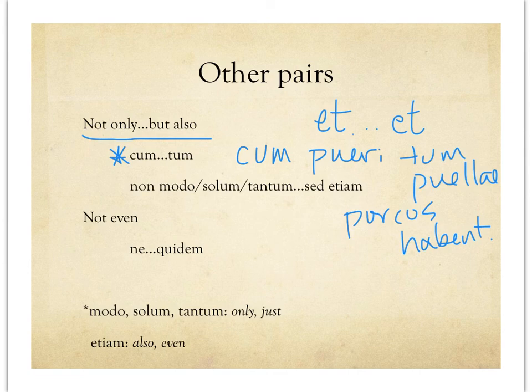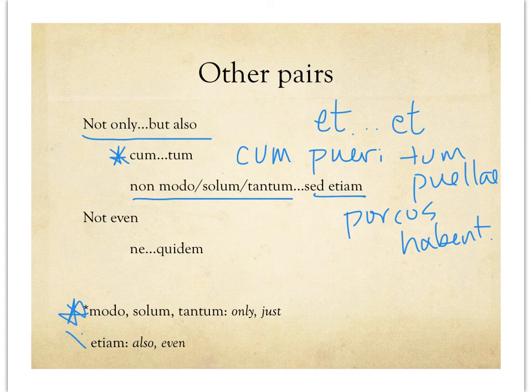We can also express this not only but also idea with this thing, which is honestly a lot more like English. So non, that's the not. Modo, solum, tantum. These are all adverbs that can mean only or just. So not just or not only.